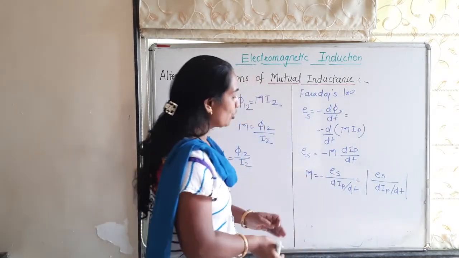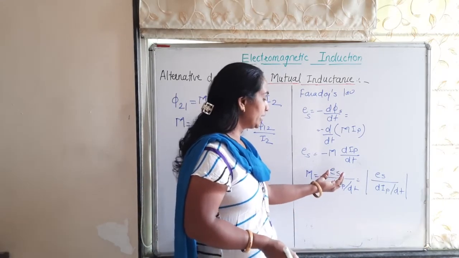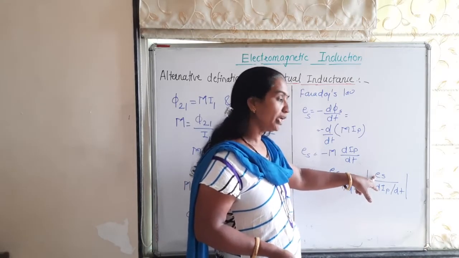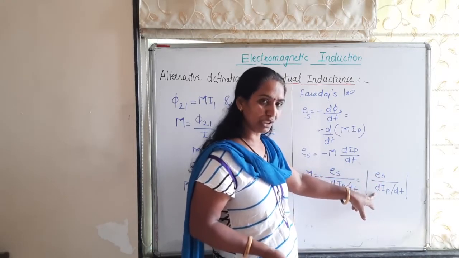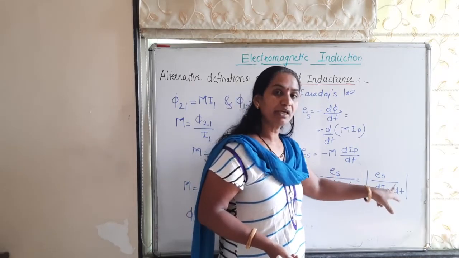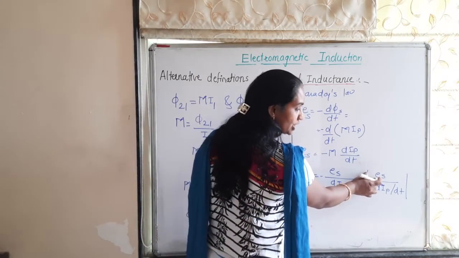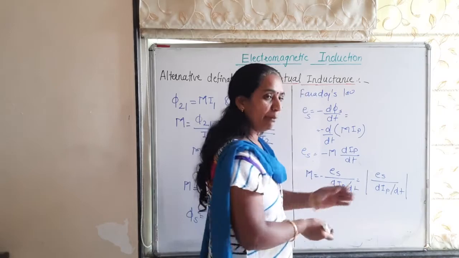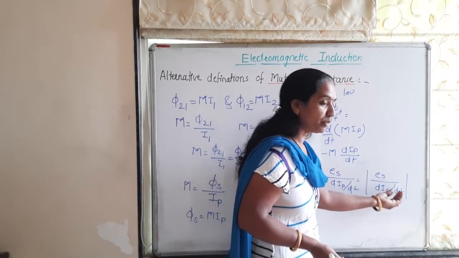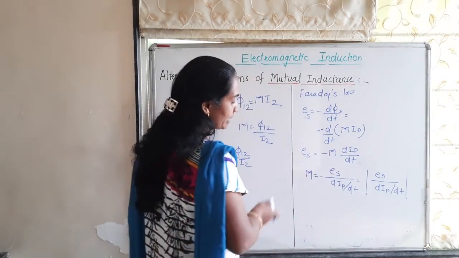So according to this, the definition of mutual inductance is the ratio of the induced EMF to the rate of change of current in the primary circuit. Means the value of the induced EMF in the secondary circuit per unit rate of change of current in the primary circuit.